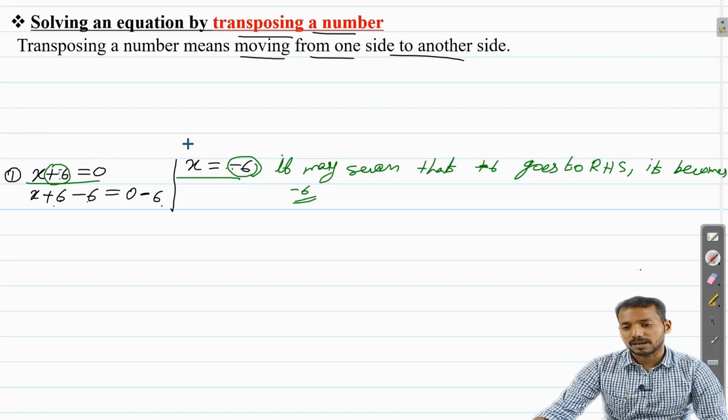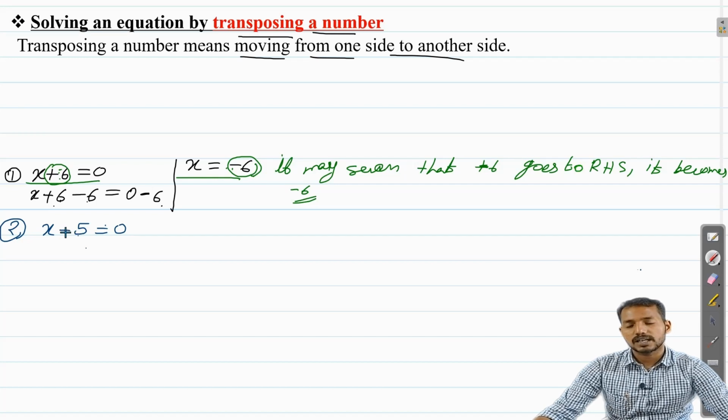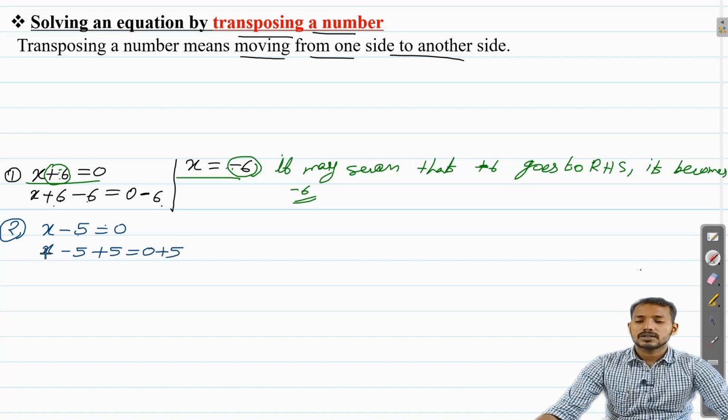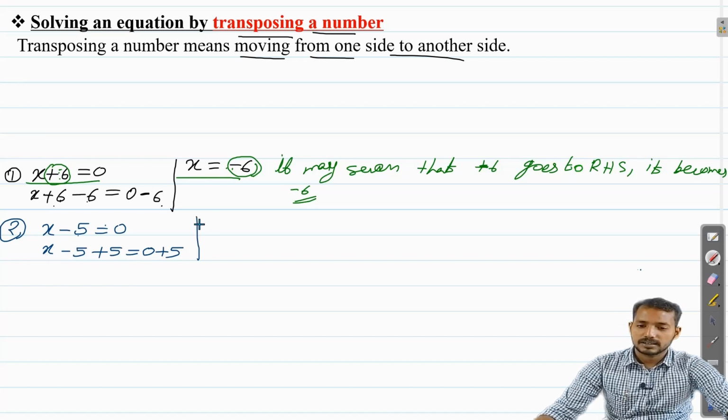And one more example I am taking here: x minus 5 is equal to 0. To separate this variable x, we need to add 5 to both sides, which is equal to 0 plus 5. So in that case, what will we get here? x is equal to minus 5 plus 5 is 0, which is equal to 0 plus 5 is 5.